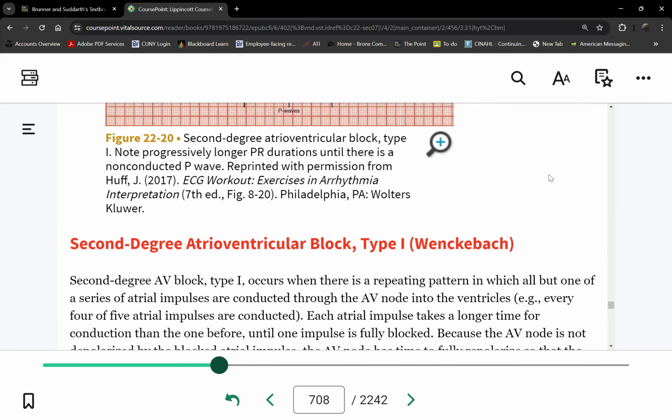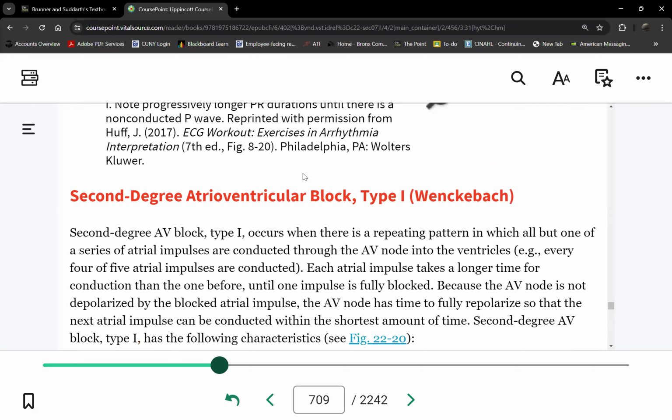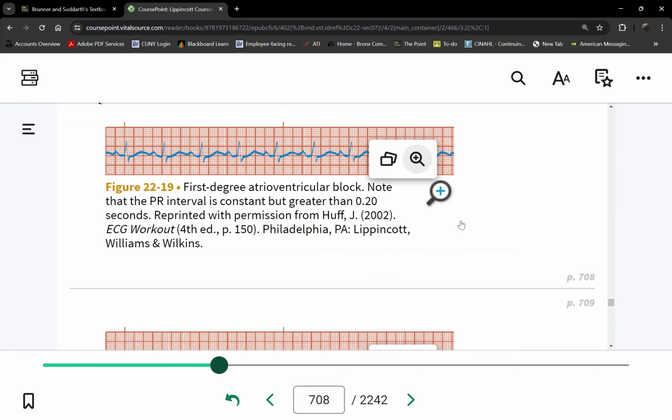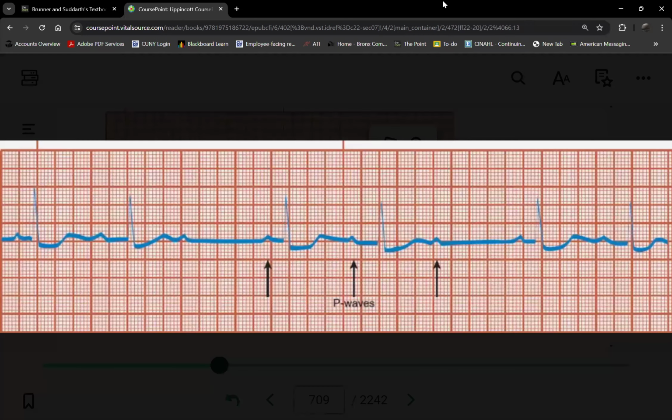Very good. Second degree heart block, type 1, this one, figure 22.20. The problem here is, yes, there's still a prolonged PR interval, but it gets longer and longer. Look at it here. This is already long, gets even longer, and then you lose 1 QRS. Let me repeat.